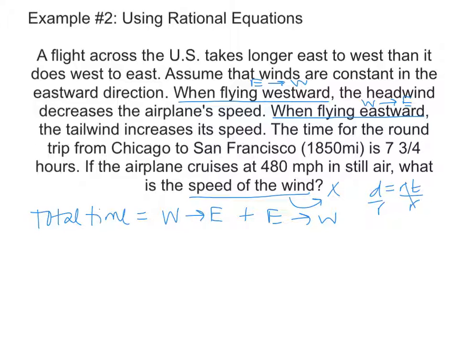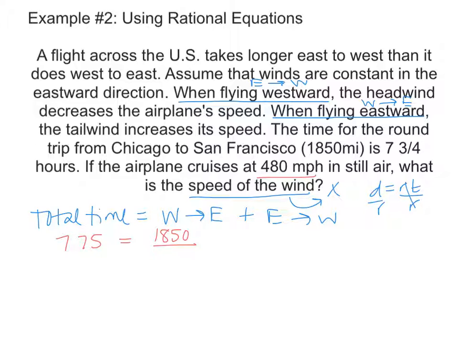So our total time, which is 7.75, is going to be equal to the distance, which is 1,850, over the rate. And our rate is that 480 miles per hour. But you also have to take into account the speed of the wind itself.